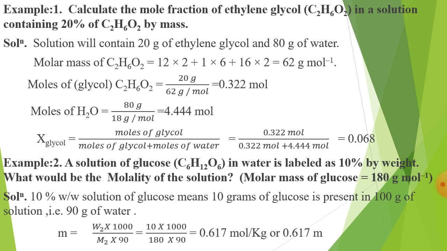Now we have to calculate molality. So molality equals mass of glucose multiplied by 1000 divided by molar mass of glucose multiplied by mass of solvent, that is water. Putting these values and solving, we get the molality 0.617 mole per kg, or simply you can write 0.617 small m.